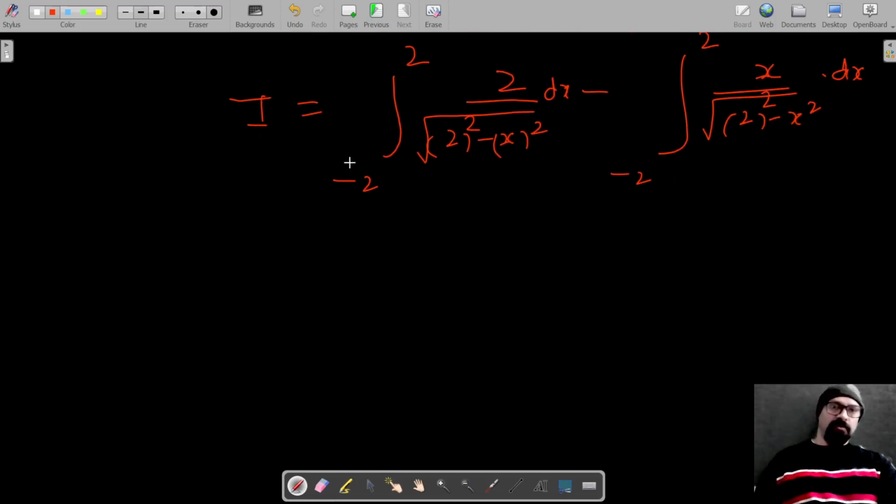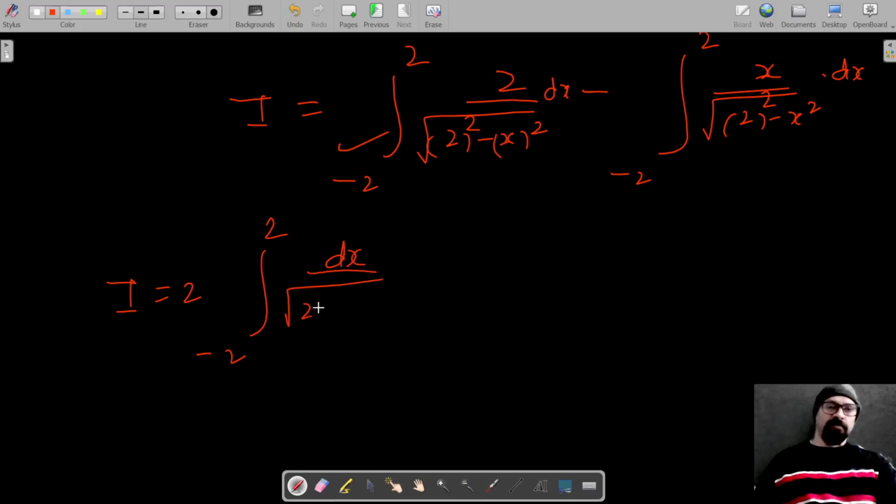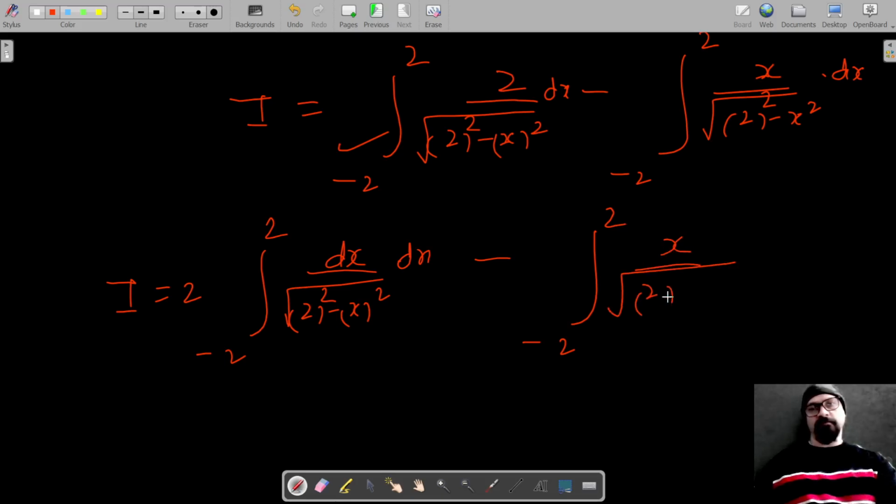Okay, 2 can be taken out. So I is equal to 2 is out, -2 to 2, integration of 1 upon root of 2 square minus x square into dx, minus -2 to 2 x upon under root of 2 square minus x square into dx.